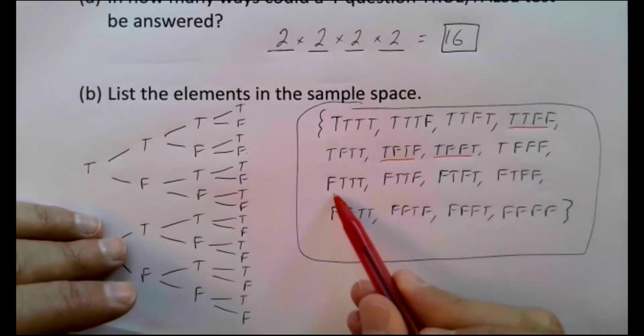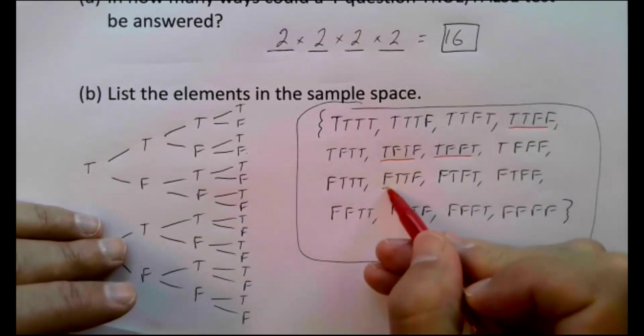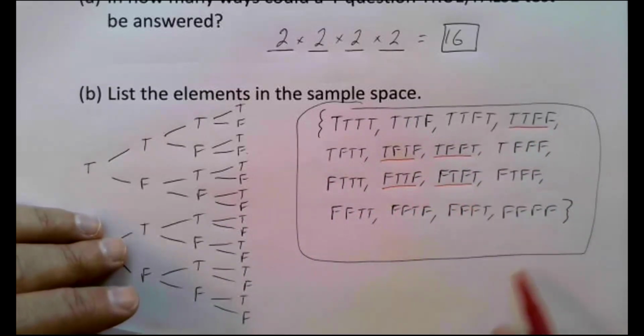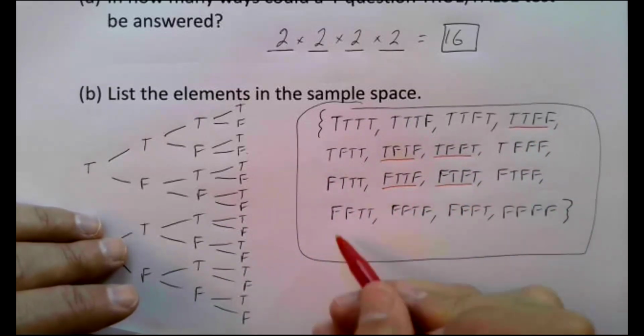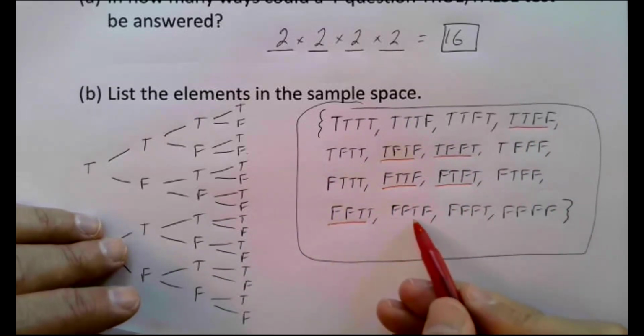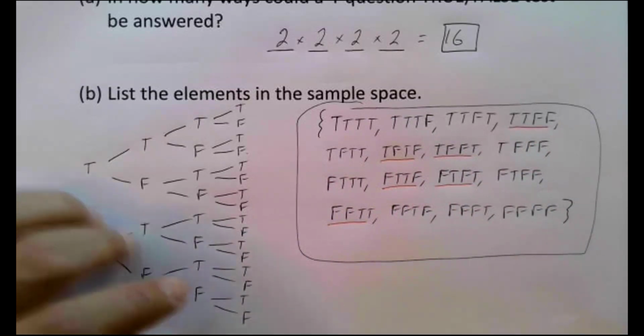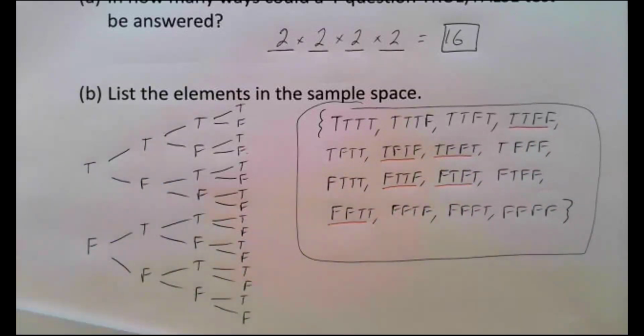That one only has 1. That one has 3. That one has exactly 2 trues. So is this one. Only has 1. This one has exactly 2. That has 1. That has 1. That doesn't have any. So I think, if I did this correctly, 6 out of the 16 have exactly 2 trues.